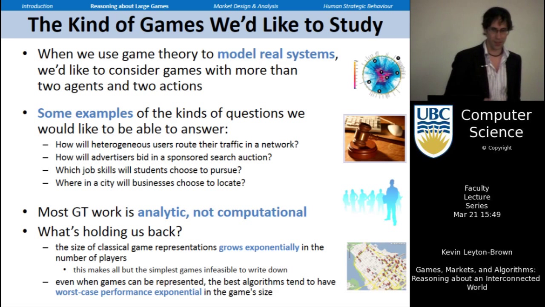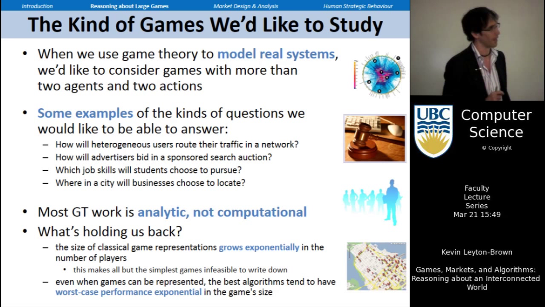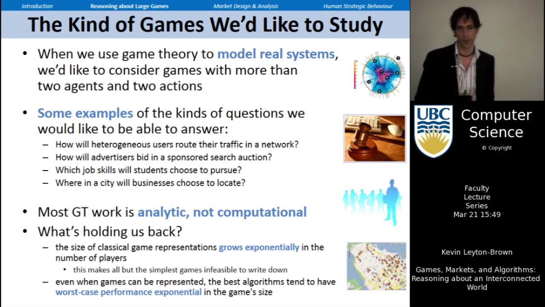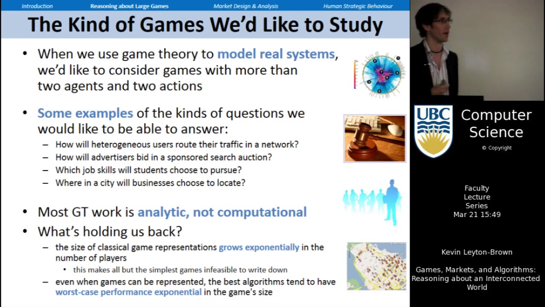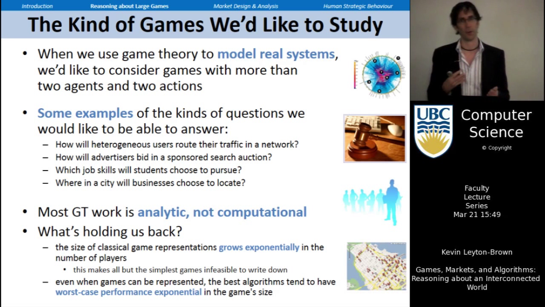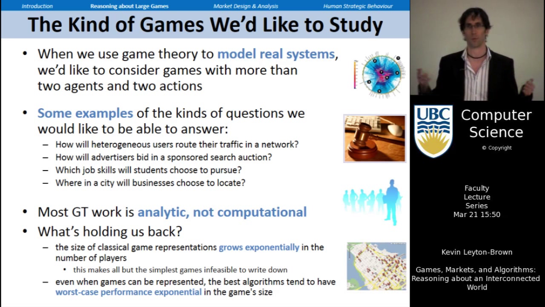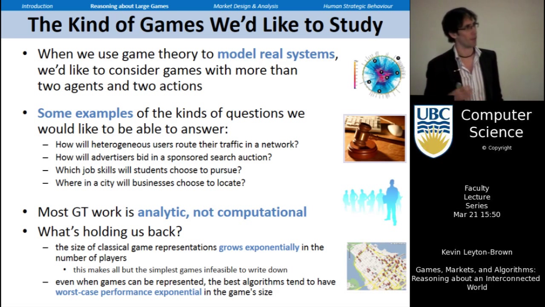It turns out that these kinds of questions are difficult to ask using the sorts of tools that game theorists typically use, because game theory, for the most part, proceeds analytically. So the typical thing that a game theorist would do is to write down a bunch of equations that characterize a game, do a bunch of very impressive math, and in the end draw some kind of conclusion about what must be true in this game. That's a powerful technique.